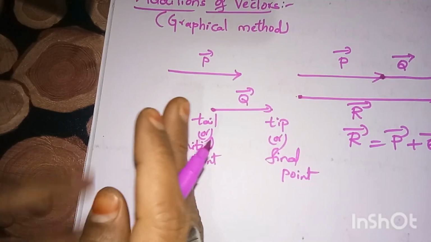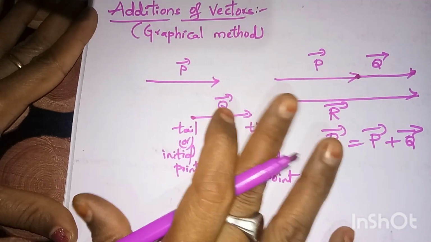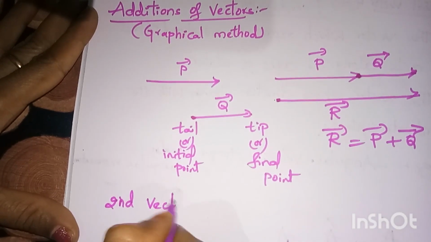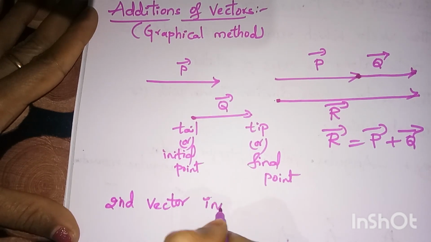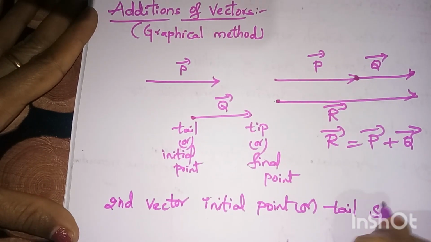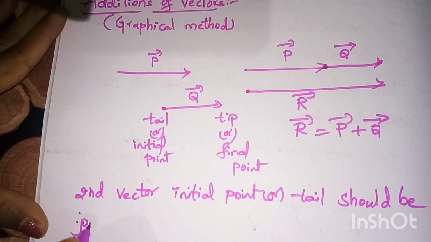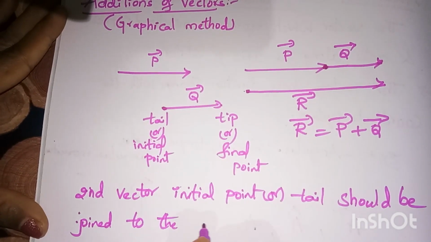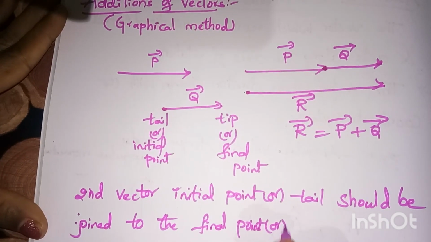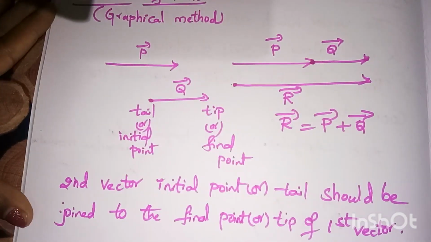So if two vectors are moving in the same direction, with different magnitudes or the same magnitudes, the second vector's initial point, or tail, should be joined to the final point, or tip, of the first vector. That is the first point.